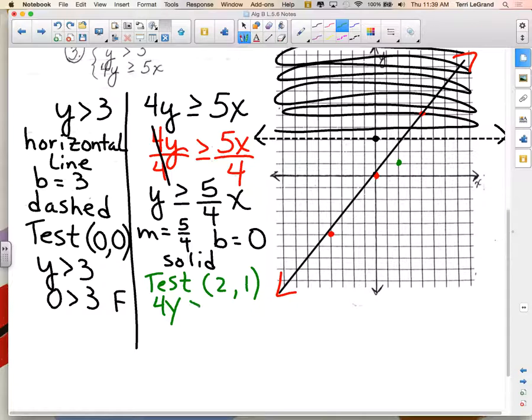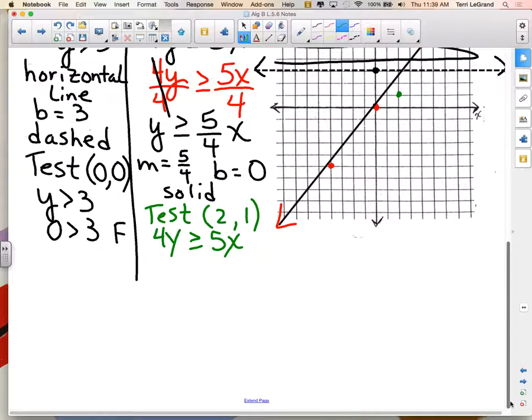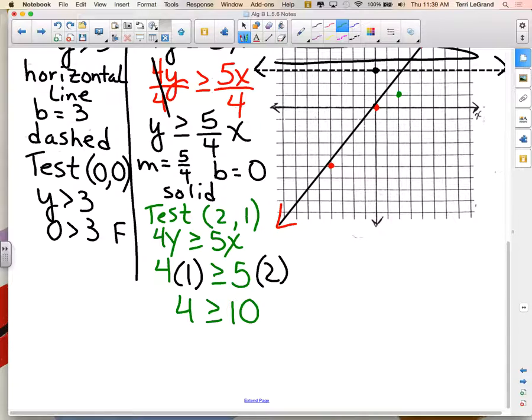Remember in the original, because sometimes we rename them improperly and then we think we're right. Did you get 4 is greater than or equal to 10?